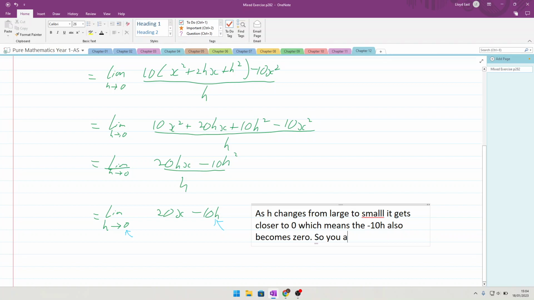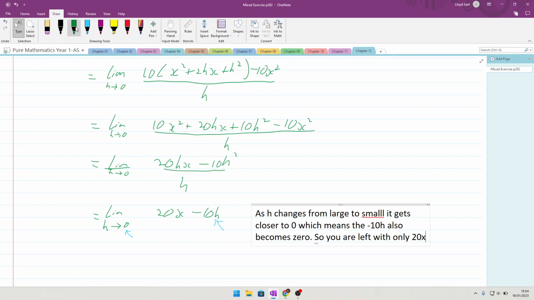So you are left with only 20x. So you're left with 20x, which was, of course, f dash of x. And that's what we were trying to prove, that 10x squared became 20x.